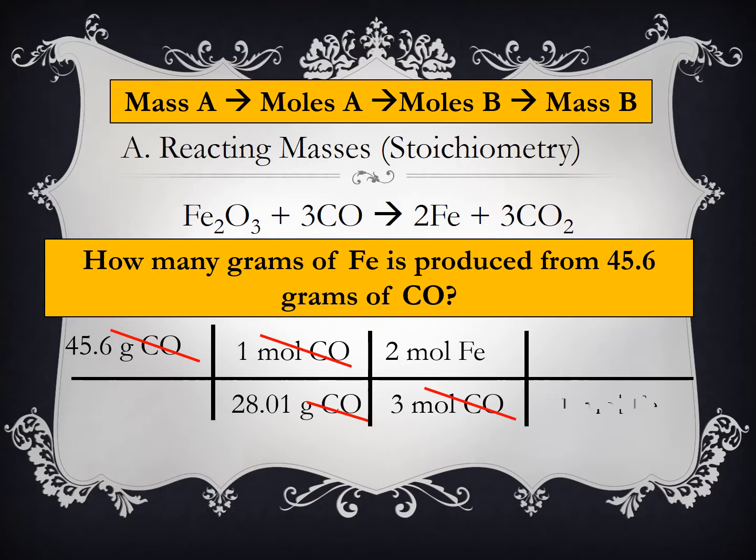So again, we go back to molar mass of Fe, which is 55.8 grams of Fe. And moles go bye-bye. So you can see the dimensional analysis is different, 4 steps, but they're always going to be the same. It's either molar mass or it's going to be the coefficients. And you get 60.6 grams of Fe.